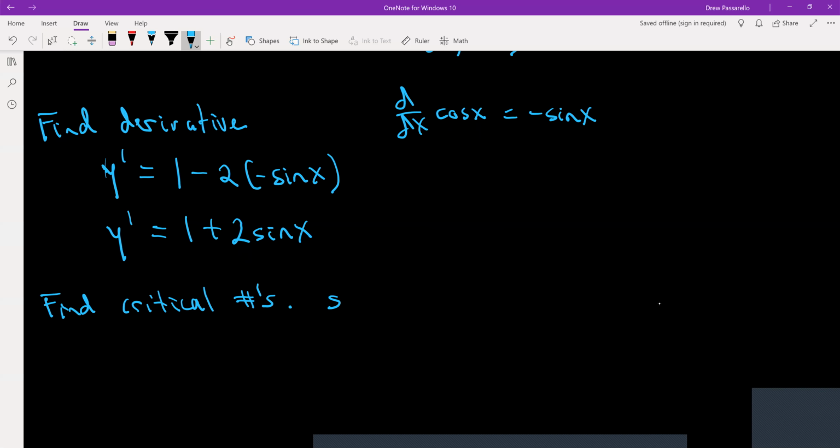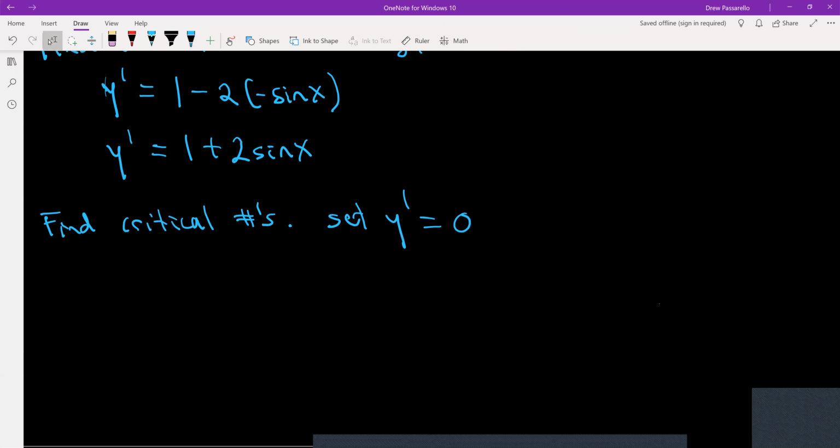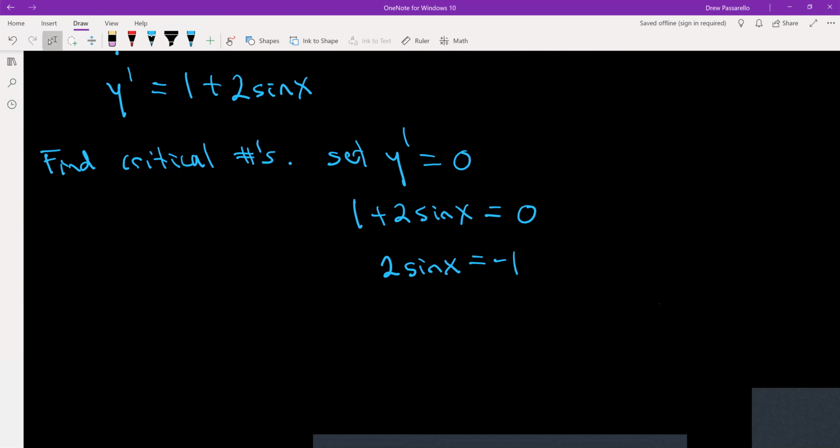So we set y prime equal to 0. So 1 plus 2 sine x equal to 0. You could subtract 1 from both sides, so you have 2 sine x equal to negative 1. And then divide by 2. So sine of x equal to negative 1/2.